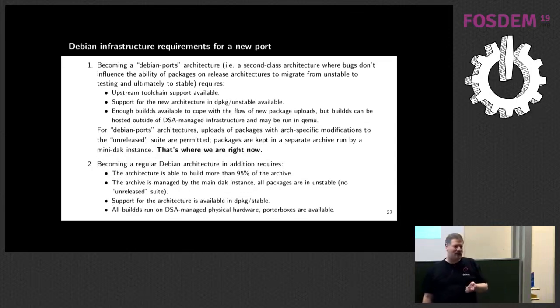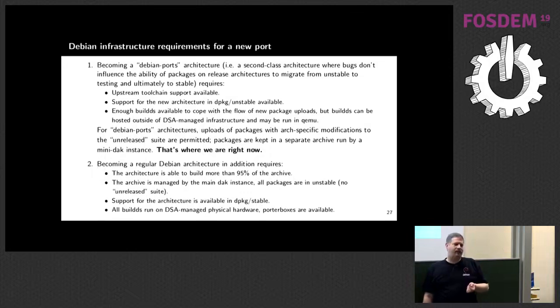New architectures usually start in ports because they're incomplete. There might be stability issues at the beginning. And bugs in ports architectures don't influence regular architectures. So the unstable, testing, stable migrations on regular architectures still run even if a package is broken on one of the ports architectures.